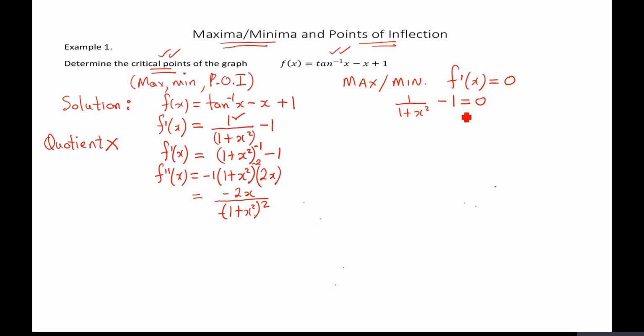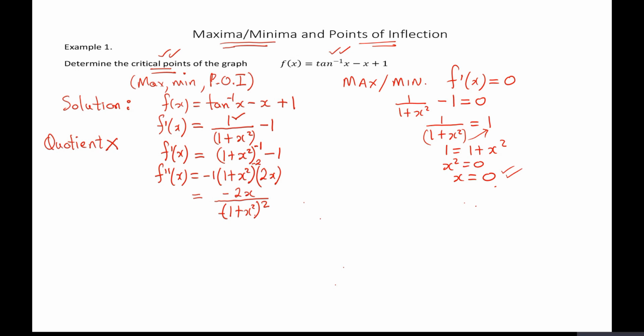Multiply through by the LCD, 1 is equal to 1 plus x squared, transpose, and that gives me x equal to 0. Now, of course, that x equal to 0 could be any value. In this case, it happens to be 0. It could be 10, minus a quarter, 0.25, anything.